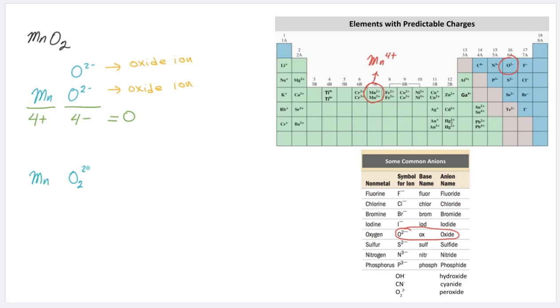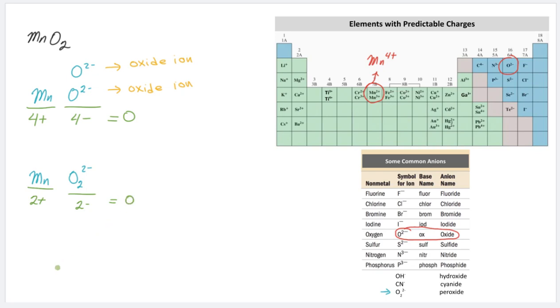That will be O2 with a -2 charge, right? This is what we have over here. So here we have a charge of -2, so that would mean that manganese should be a +2 because they need to cancel out and give me 0.